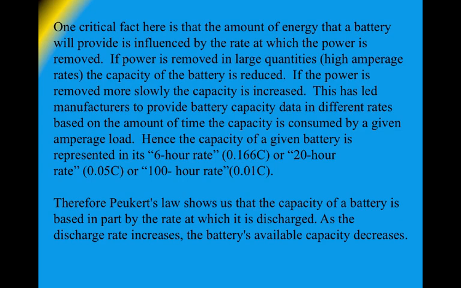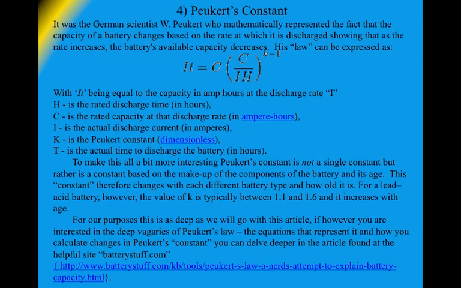So Peukert's law is going to show us that the capacity of the battery is based in part on the rate that it's discharged. As the discharge rate increases, the battery's available capacity decreases. So here is Peukert's law.